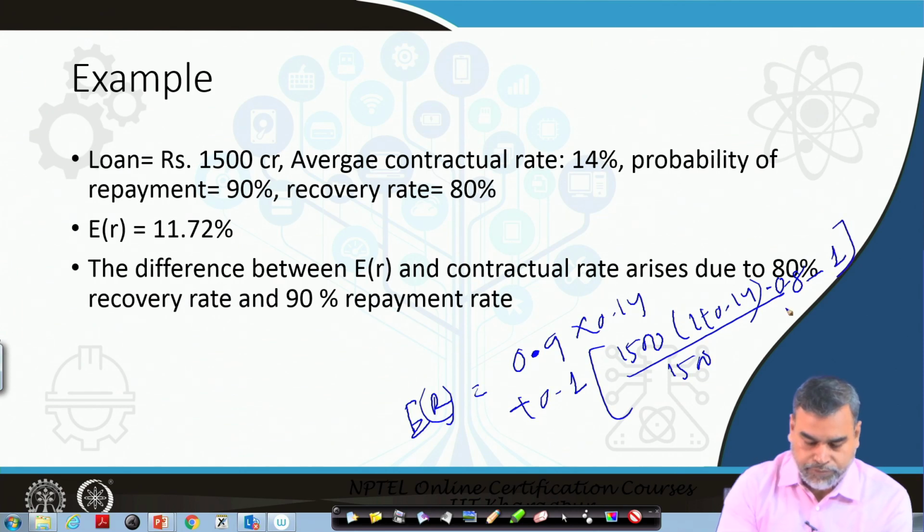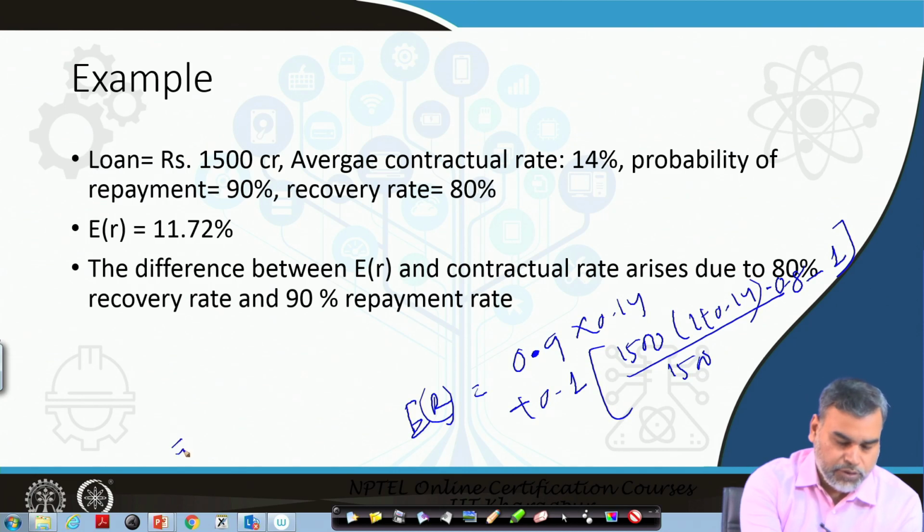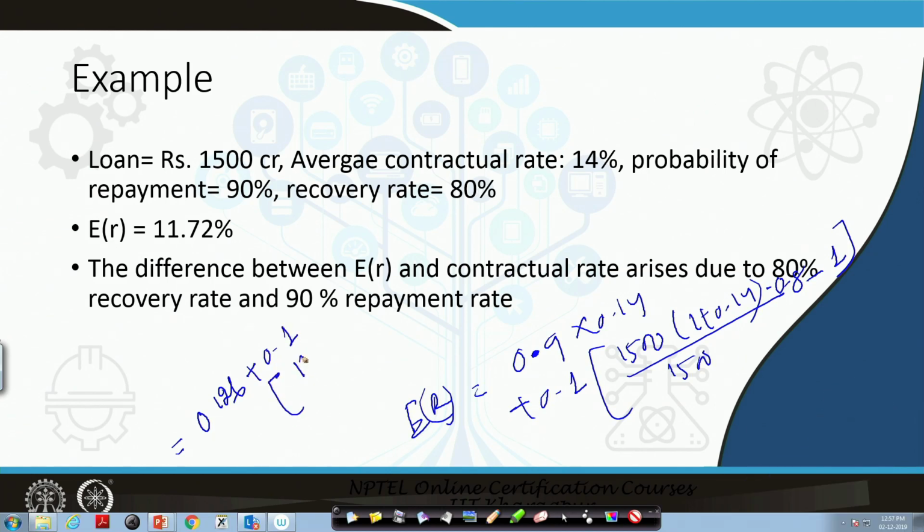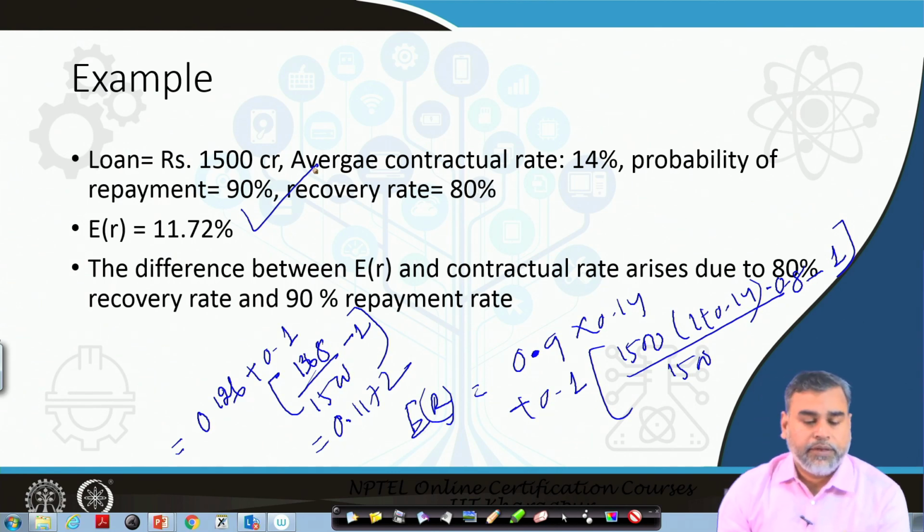So, that will give you how much? That will give you 0.126 plus 0.1 into 1368 divided by 1500, minus 1. Then that will give you 0.1172 final, so this is 11.72%.